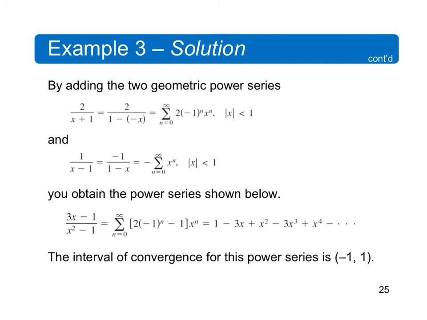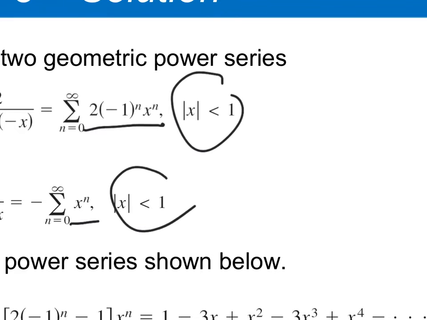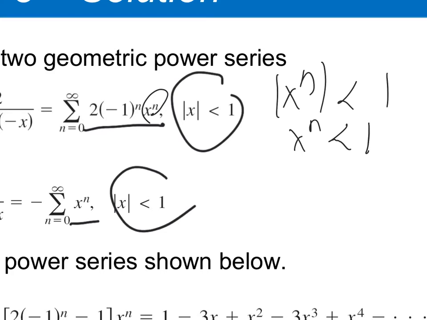And here's my F. Here's my G. Only thing I didn't do was do my intervals. Oh, man. Well, you got to. So I just had to say x to the n, absolute value, less than 1. That means x to the n is still less than 1.